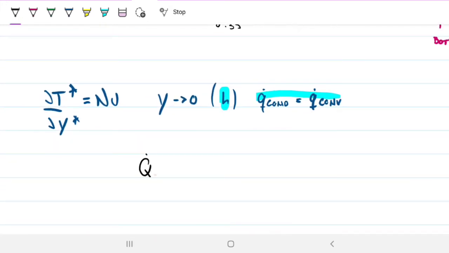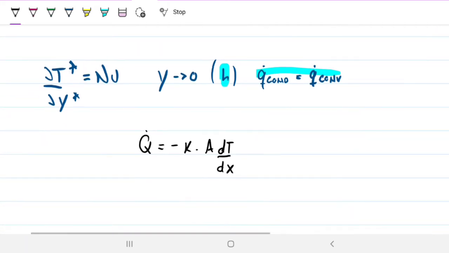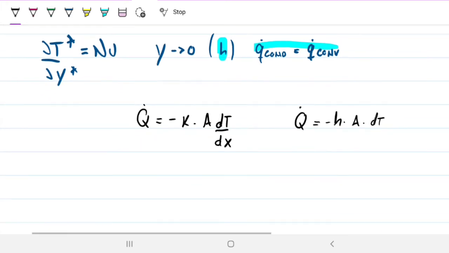What are these? Well, we know conduction is given by Fourier's law, and then we can have the negative or not have the negative. It's going to be up to you, because the negative is going to show up on both these equations. And the one for convection, we know it obeys Newton's law of cooling. There's another negative there. Whether you keep them or not doesn't matter, because they're going to go away anyhow.